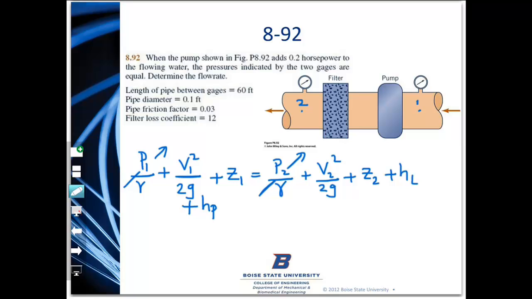So you have to only consider the minor losses in the problem. And also V1 will be equal to V2. So the difference between those two goes to 0. And then Z1 will be equal to Z2, same elevation. So what you'll end up with is HP is equal to HL. So that means if you calculate HL, you calculate HP.